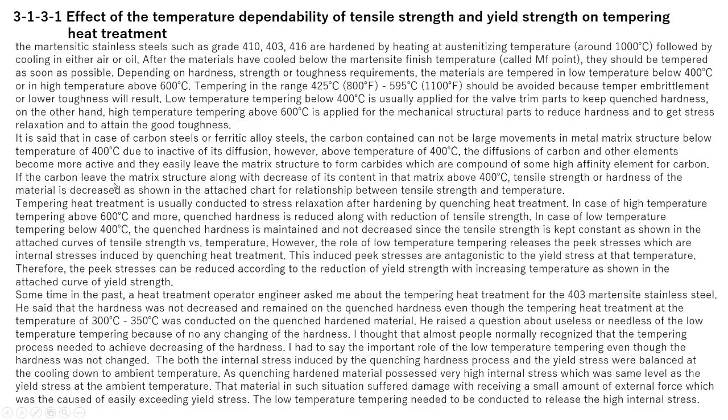If the carbon leaves the matrix, with decrease of its content above 400 degrees Celsius, tensile strength or hardness of the material is decreased, as shown in the attached chart for the relationship between tensile strength and tempering.